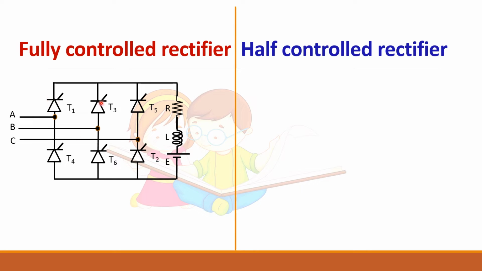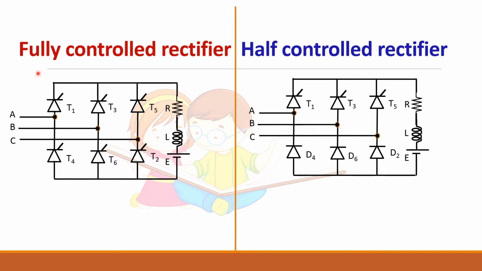It consists of 6 thyristors, and a half-control rectifier, as the name implies, consists of thyristors as well as diodes. So 3 thyristors and 3 diodes will be there in a half-control rectifier.